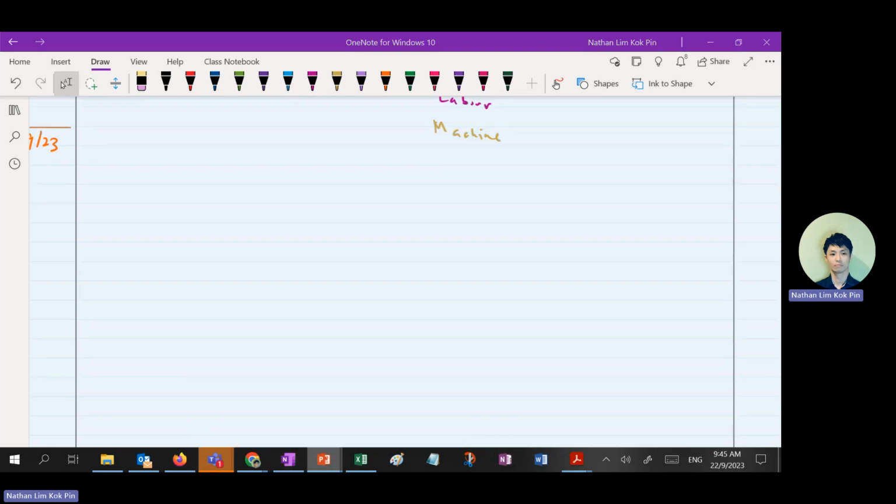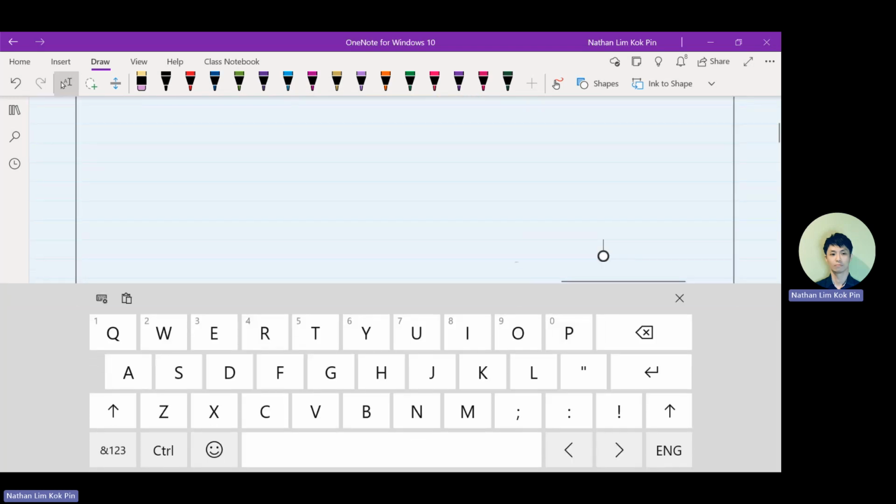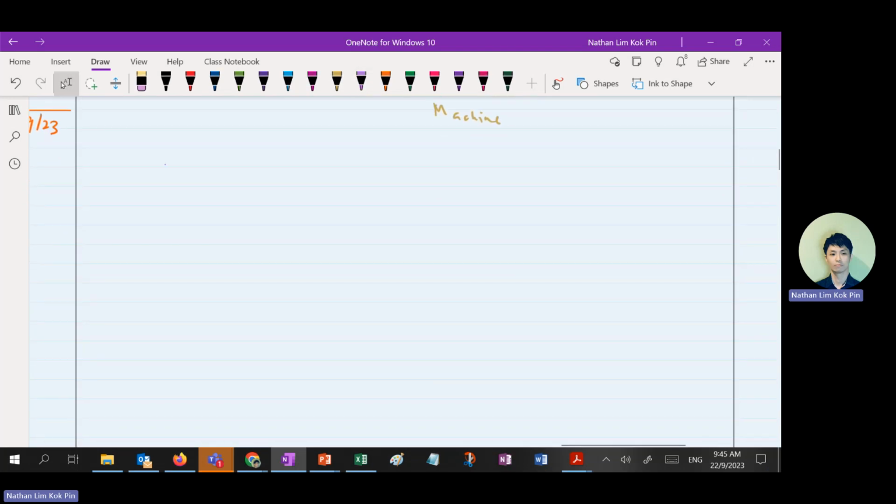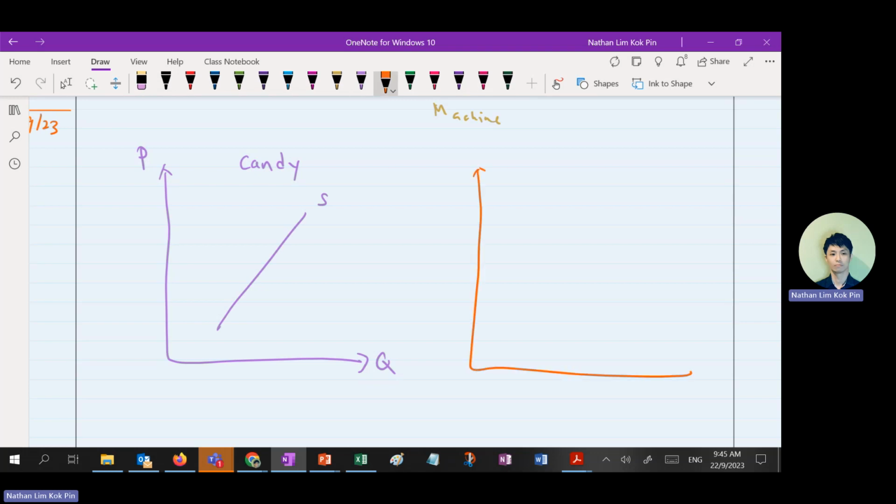Now using my candy and lolly example, same thing. Before I draw anything, before I look at the question, I will label my curve, draw one supply curve if I know I'm going to do supply.